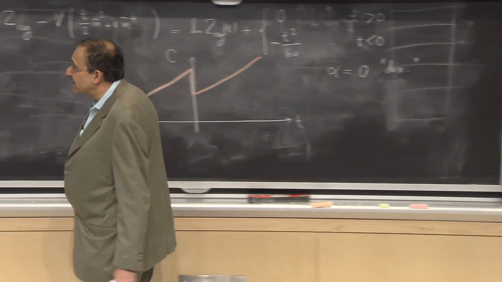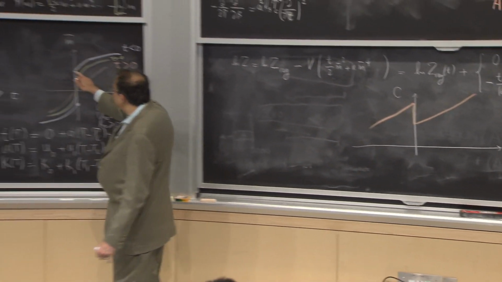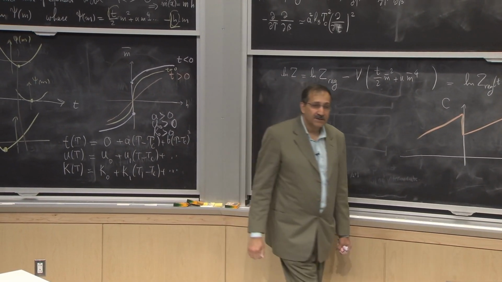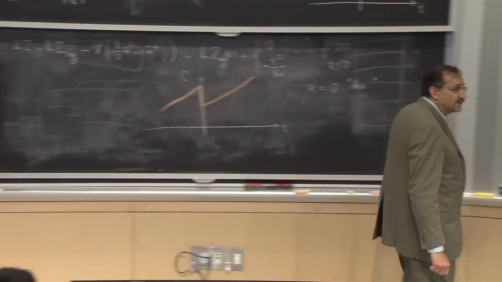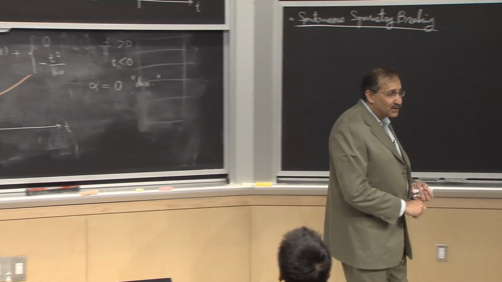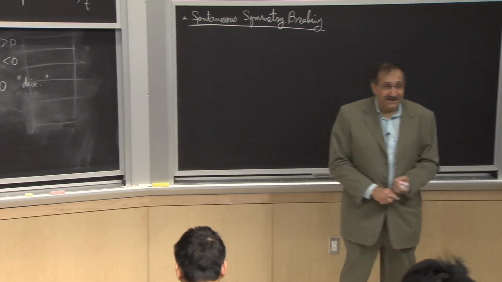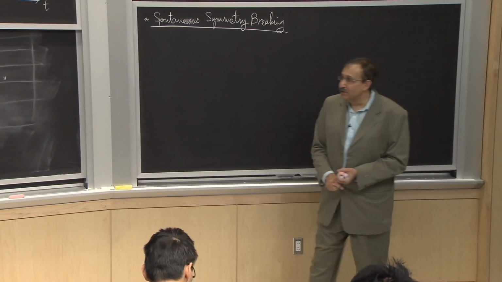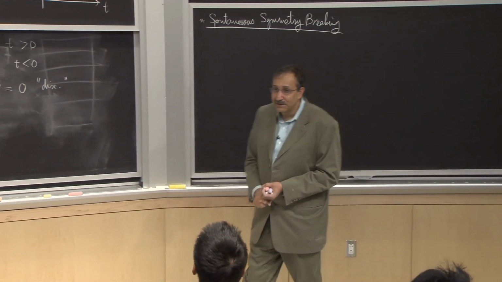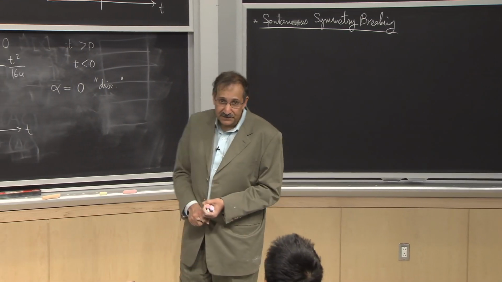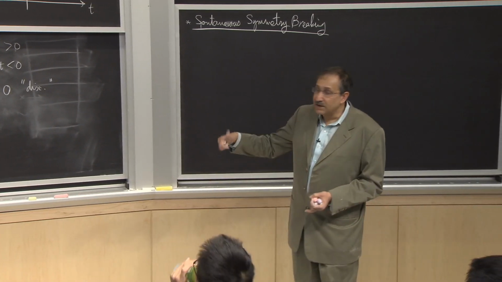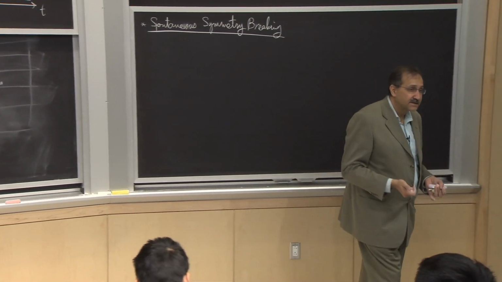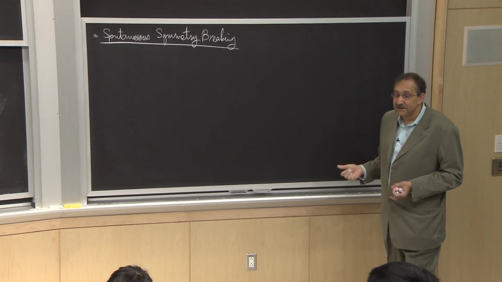Nonetheless, even for h equals 0, what we find are solutions where the magnetization is pointing in one direction or the other. So it is possible for the state that emerges as a result of a weight that has some symmetry to not have that symmetry. So the symmetry is spontaneously broken, and the direction in space is selected.